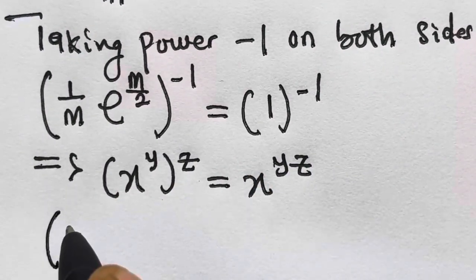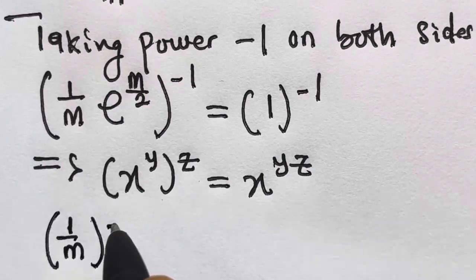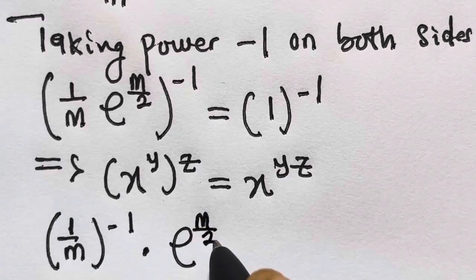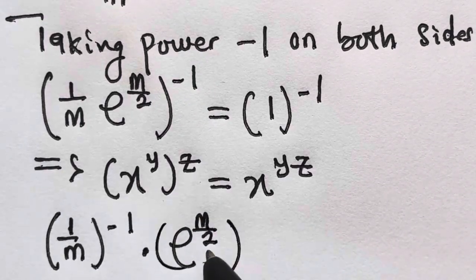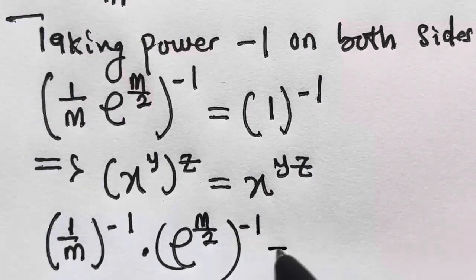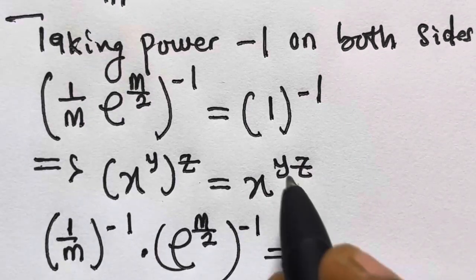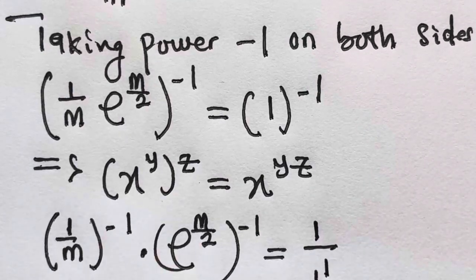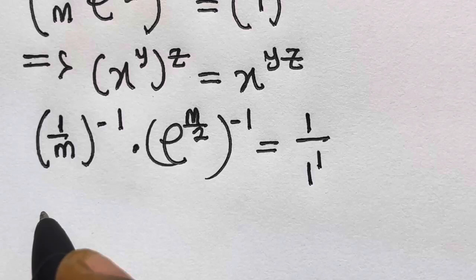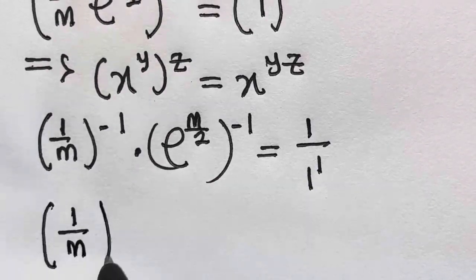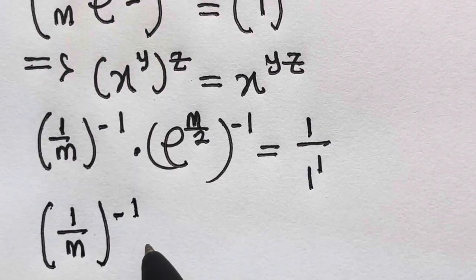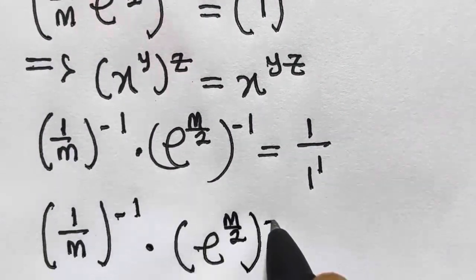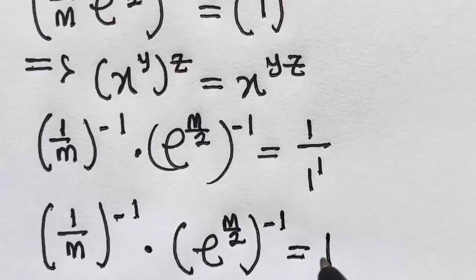So we are going to have 1 divided by m raised to power minus 1, then we multiply it, then we have exponential m divided by 2 raised to power minus 1 equals, so this will become, that is negative index will become 1 divided by 1 raised to power 1, right? So we'll have 1 divided by m raised to power minus 1 times exponential m divided by 2 raised to power minus 1, and this will become 1.